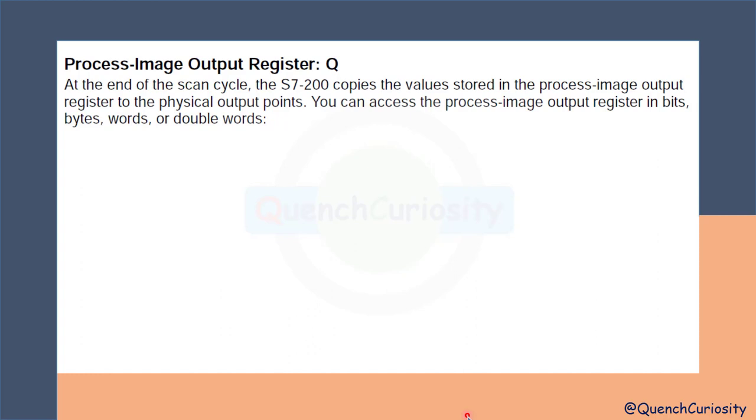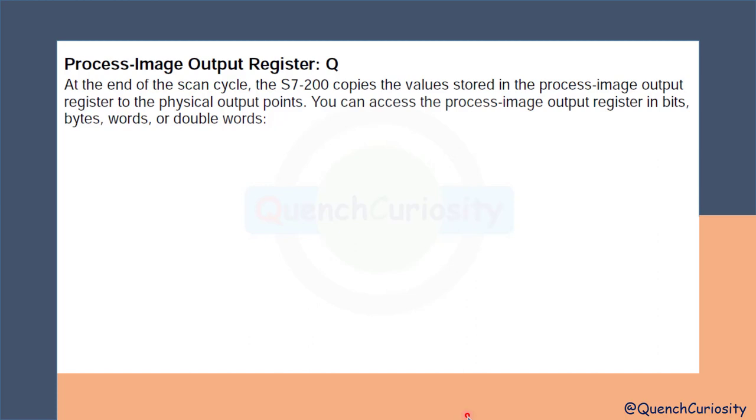However, just remember that the input register triggers the input bit of the PLC, and the output bit is triggered by the PLC. So I is to the PLC and Q is from the PLC. Again for the S7-200, the process image output registers are in bits, bytes, words or double words.